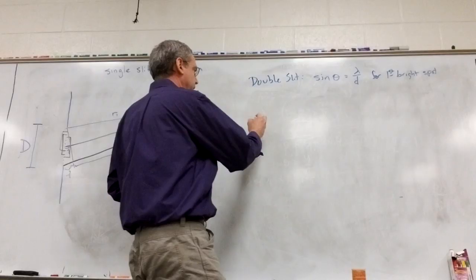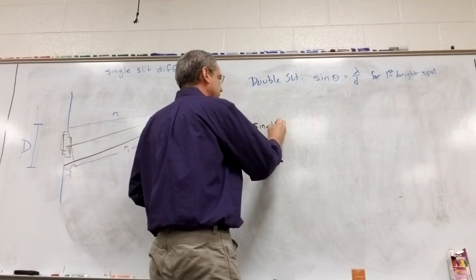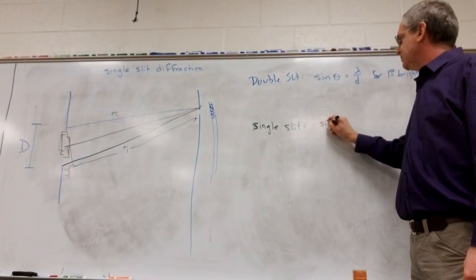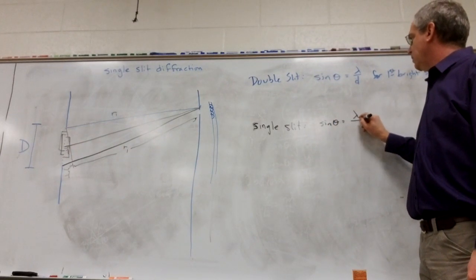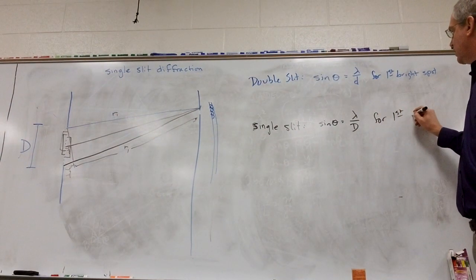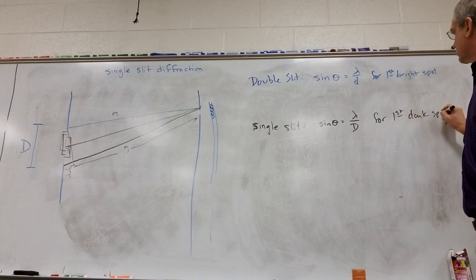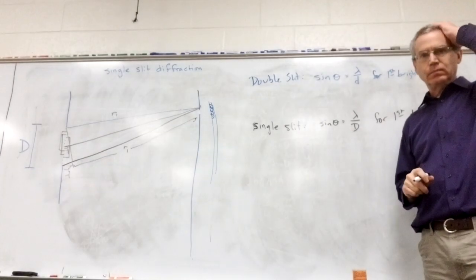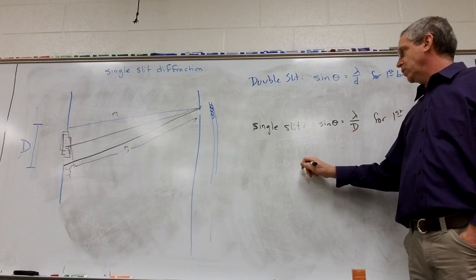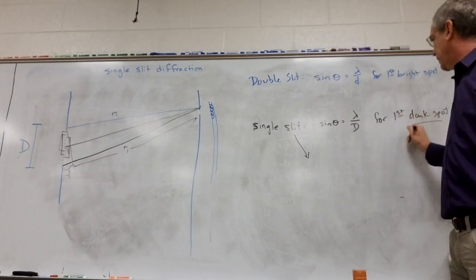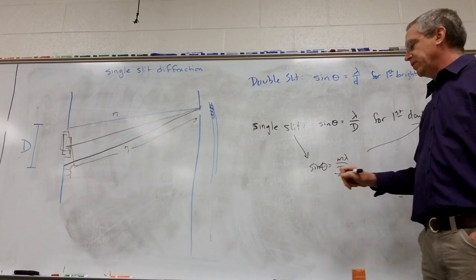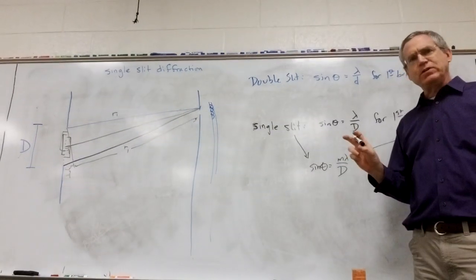So for single slit, sine of theta is going to be equal to lambda over D for the first dark spot. And we can then generalize it. So for the single slit, for the dark spots, sine of theta is equal to m lambda over capital D. So we now have the position of dark spots.